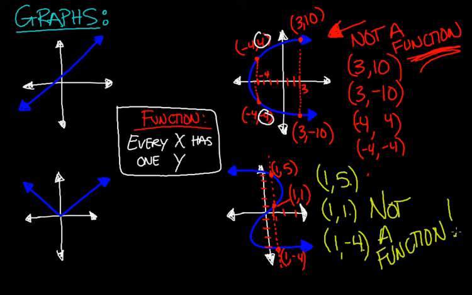You see what I did here when I drew this vertical line? I hit the graph 3 places. That means there's 3 points with the same x coordinate, whatever I happen to draw my line at.